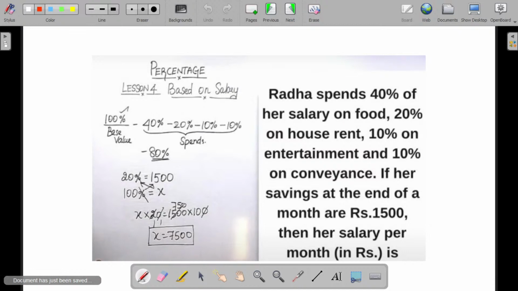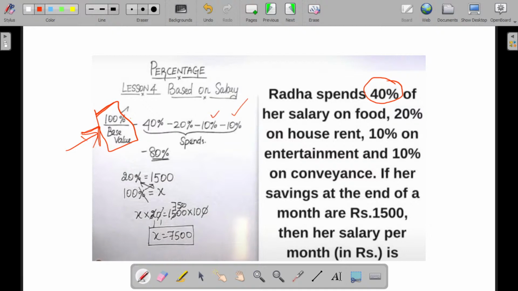So here we don't know the exact total salary, so we need to consider 100 percentage as the base value. In the 100%, Radha is spending 40 percentage on her food, then 20% on the house rent, then 10% on the entertainment, then 10% on conveyance.